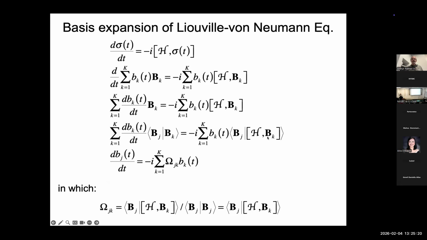Now, because I'm taking the product of some operators and then calculating the trace, the result is going to be a number. So omega jk here is some number that I'm going to think of as being some frequency. Now in writing here that this is either 1 or 0, I'm assuming that I normalize the operators to magnitude of 1.